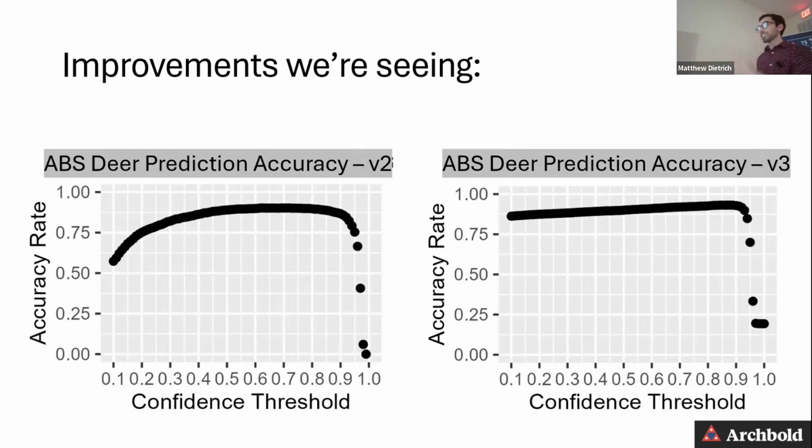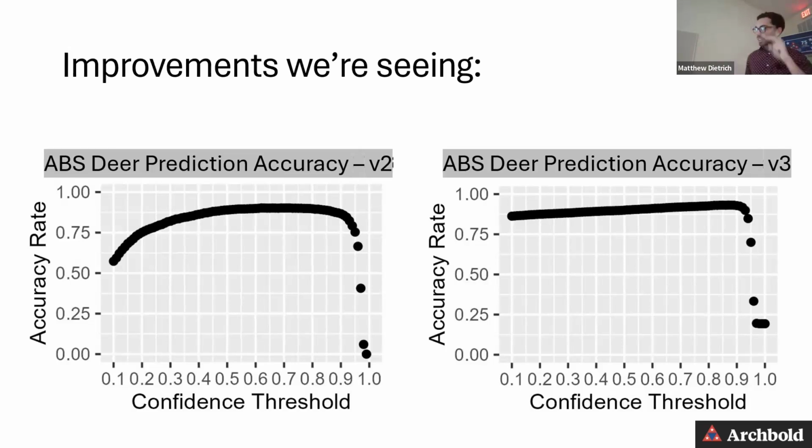What's actually interesting here is that at high confidence, we're seeing this kind of steep drop. I think that's two parts. The first is that at very high confidences, you have a very small amount of actual labels that you're getting at that confidence level. So this is maybe like 5 or so different IDs.